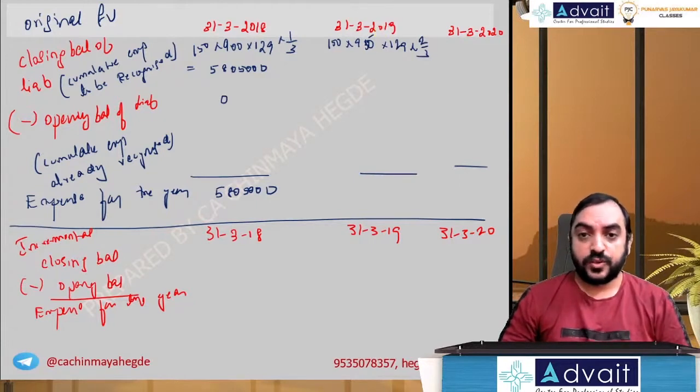So 150 into 950 into 129 into 2 by 3 is 1,22,55,000. Opening balance is previous year closing, that is 58,05,000. And balance is current year expense, that is 64,50,000.